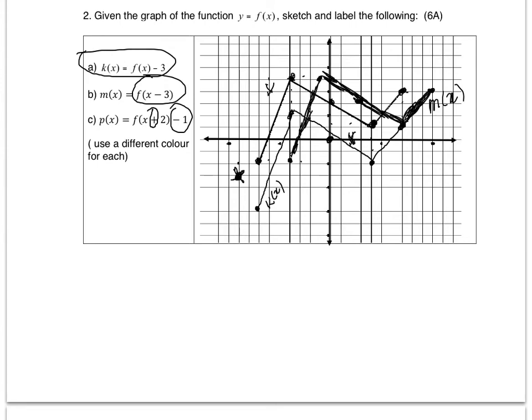And for this one, I'm going to go 2 units left and then 1 unit down, so I'm going to end up here. And then now I'm going to connect the points together. So I'm going to get something like this dashed line. So this is going to be my p of x.